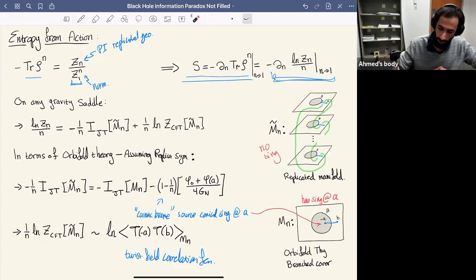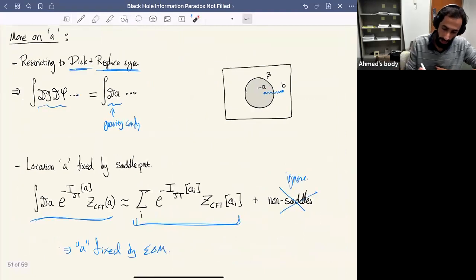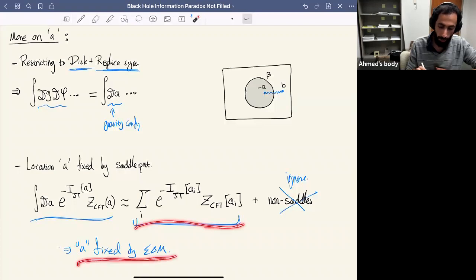So minus A so far, I didn't tell you where it is. I just claimed that it's somewhere in the bulk. I'm going to go back up the slide. The location of A parameterizes the different gravity configurations. Therefore, we're going to integrate over A. Then the equations of motion are going to fix for us the location of A. Was that your question?